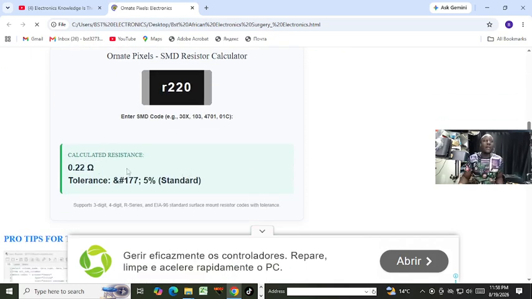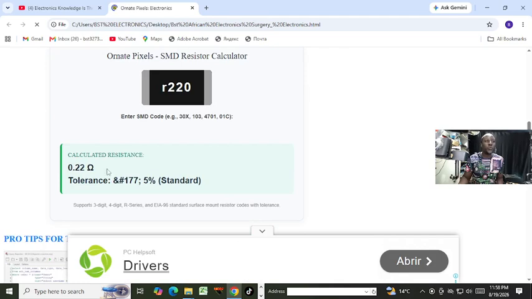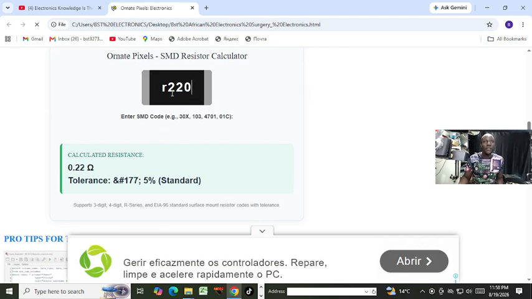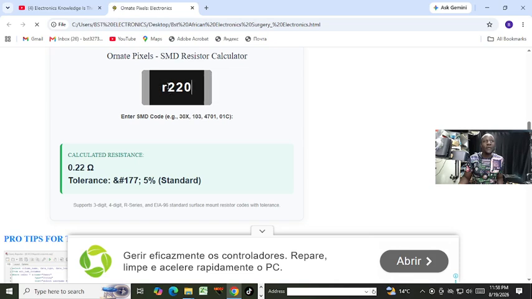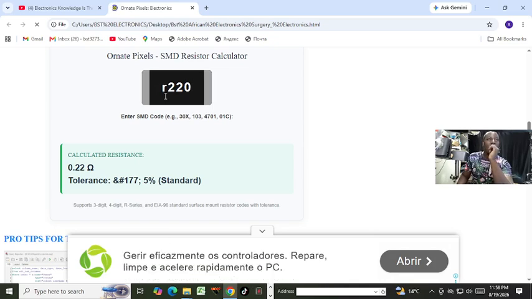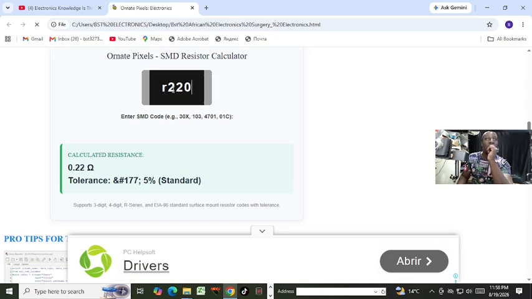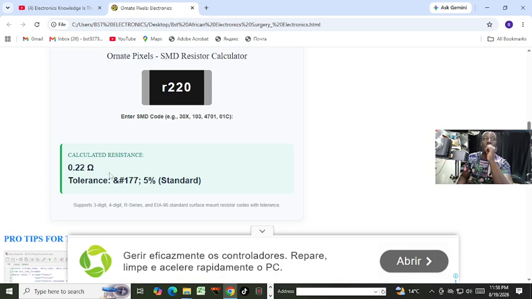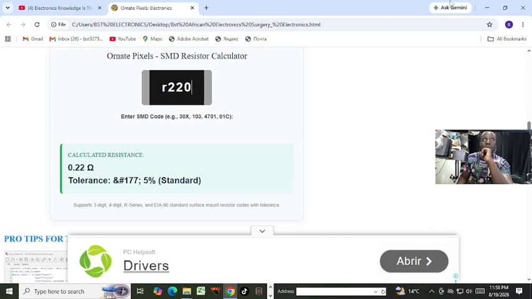So the value of R220 is 0.22 ohms. Meaning to say R represents the decimal comma, so it's 0.22 ohms. That was the value of that resistor. And I replaced it with the 0.3, which is R300, 0.3 ohms.